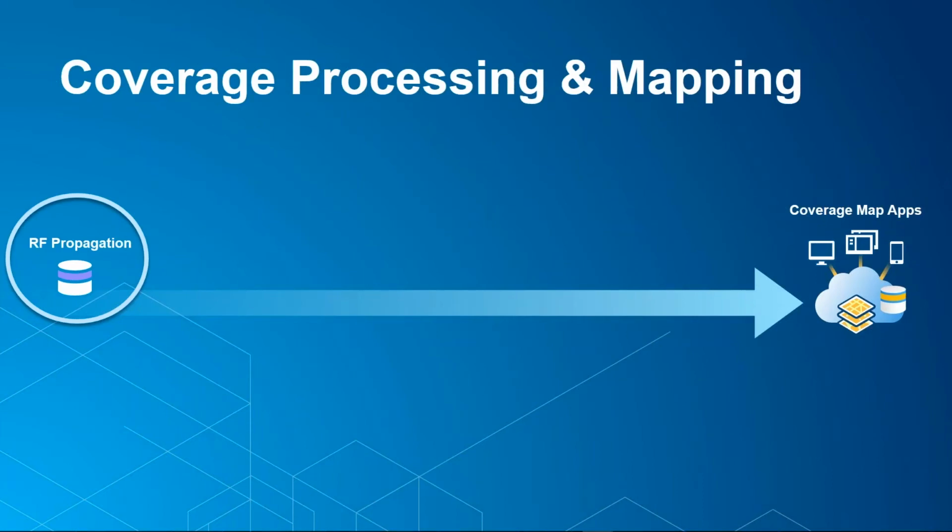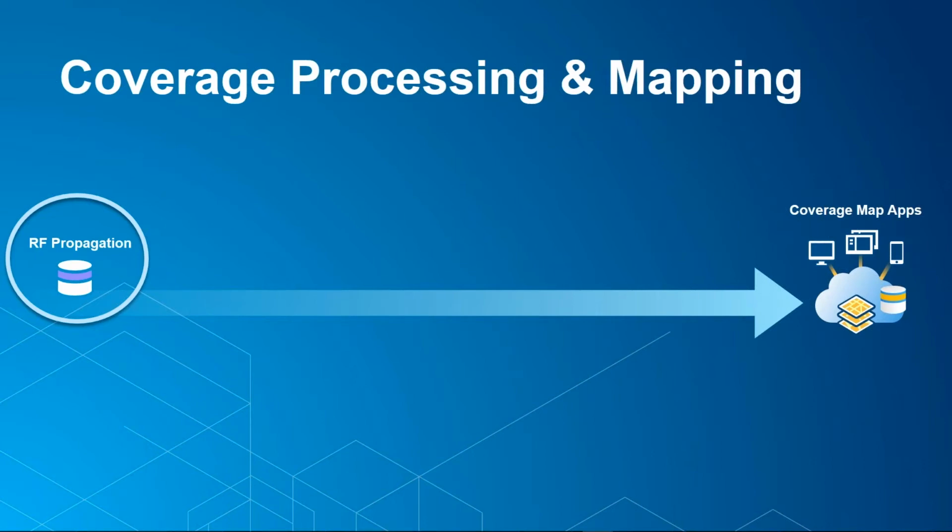All right, so how do you go about using the coverage mapping and processing solutions that Esri provides to create your vector data and then generate your vector tile coverage maps? Well, first, we consume the RF propagation data. So today, Esri consumes the majority of output data that comes from a variety of engineering tools out there.